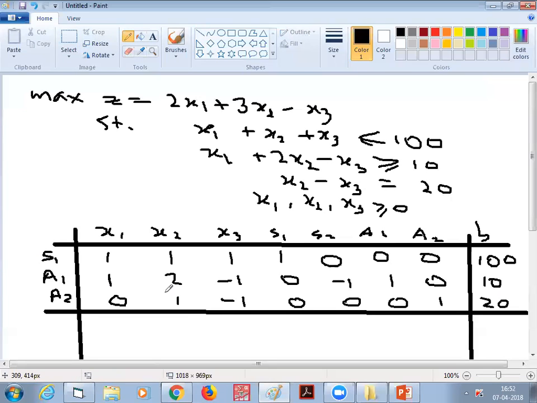Any constraint with a slack variable, automatically that will be the basic variable. Any constraint with artificial variables, automatically those will be basic. And to start with, this is phase 1, right? So minus 1 here, minus 1 here, minus 1 here, minus 1 here.